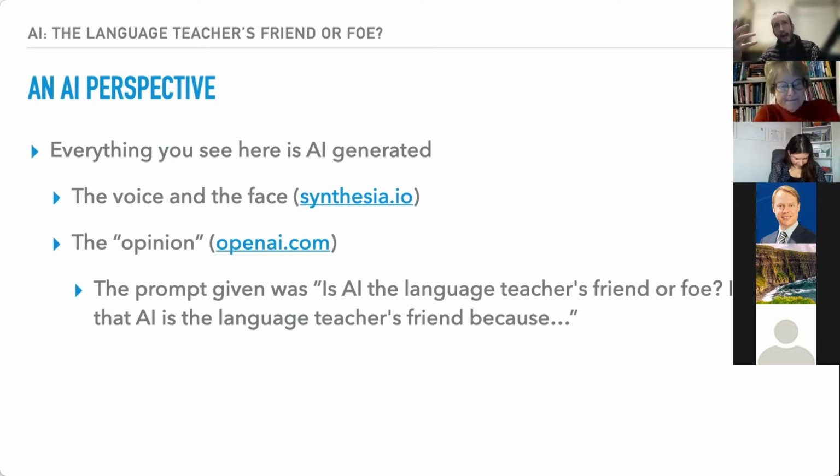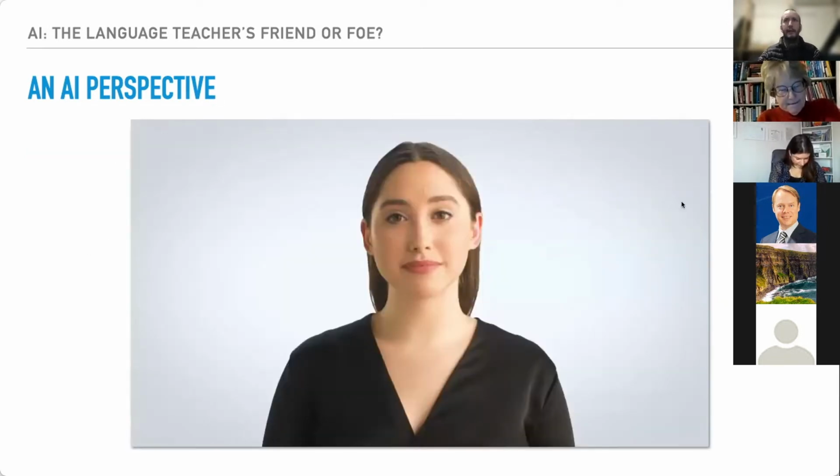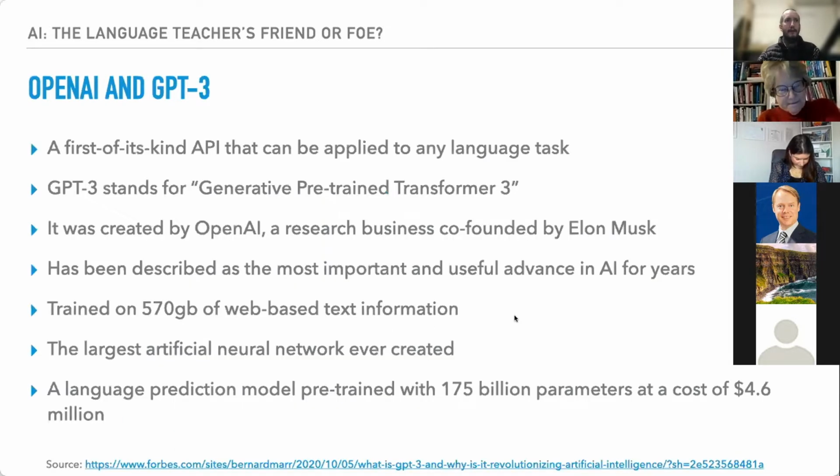So the AI went with the prompt I'd given it, that AI is the language teacher's friend, but then it also provided this kind of opposite opinion about the human smile, and that AI will never fully replace a human teacher. So that's quite interesting.